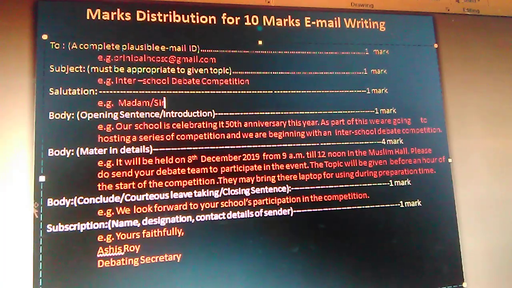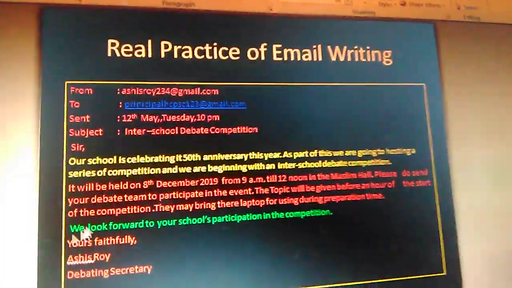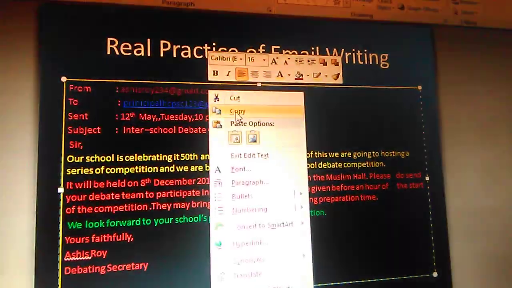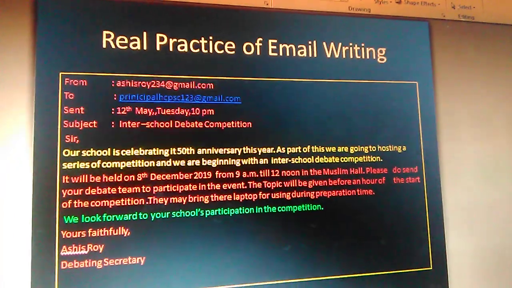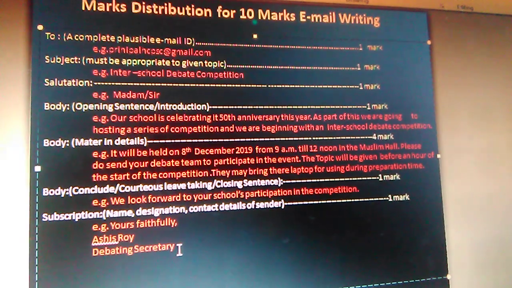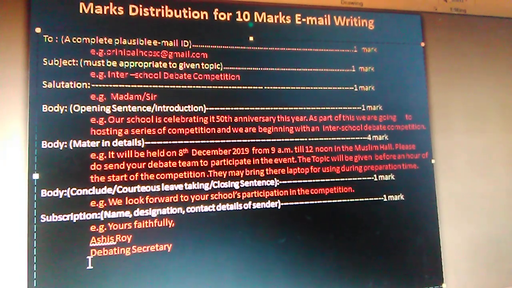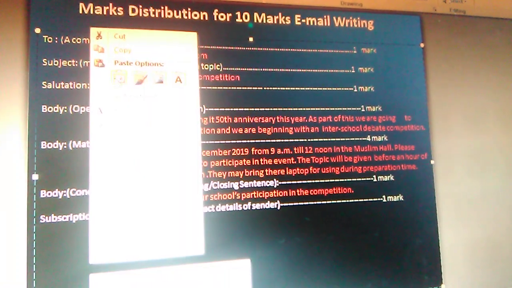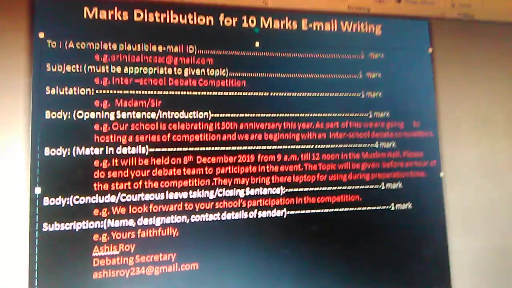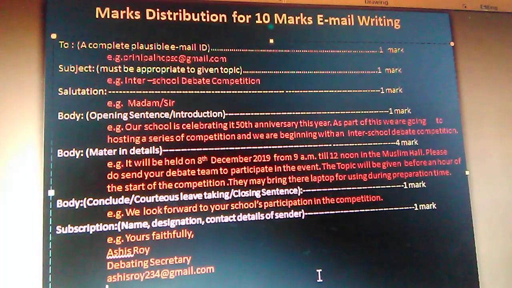That is why I have to mention here the email address of Ashish Rai. This is a formal email. If I can write in that way, then for this one I will get 1 mark.